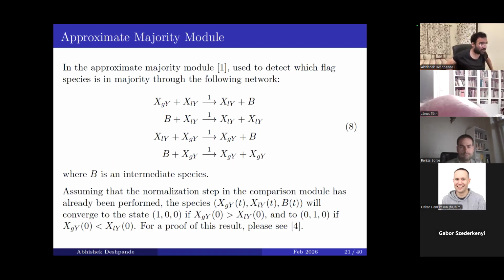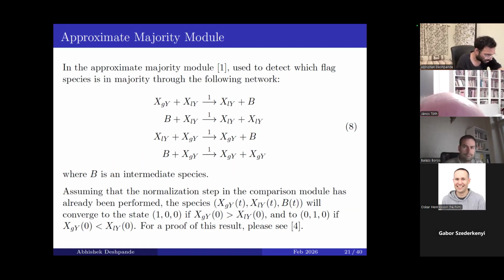This is an approximate majority module, and what it does is it's used to detect which flag species is in majority using this network. Of course, I have not shown you the whole network, but this is the essence of it. B is some intermediate species that you need. And you need to use this approximate majority and comparison module in tandem.